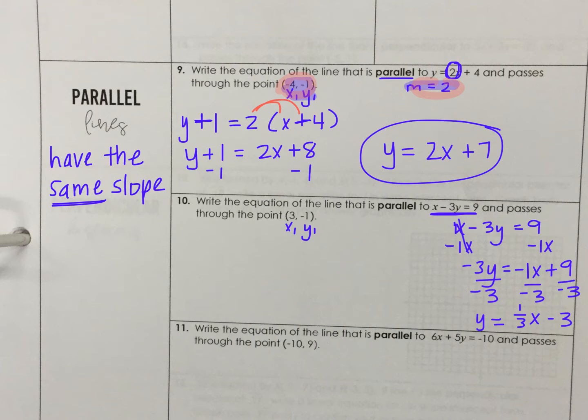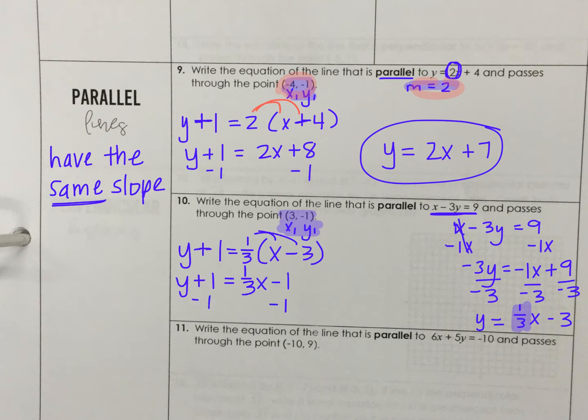So now I have a point, I have a slope, and I just write it in. Y minus -1, which is really a plus, equals m, 1/3, x minus x1, which is 3. Distribute: y plus 1 equals 1/3 x minus 1.